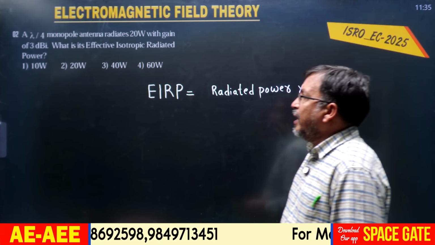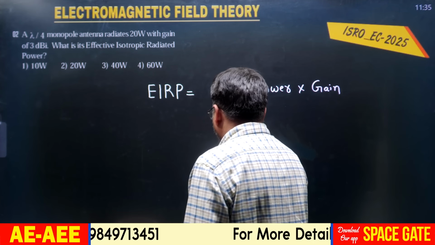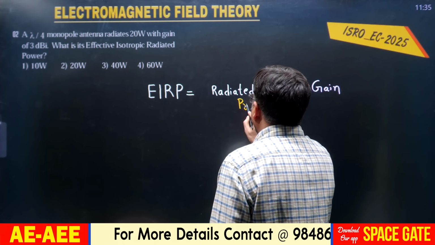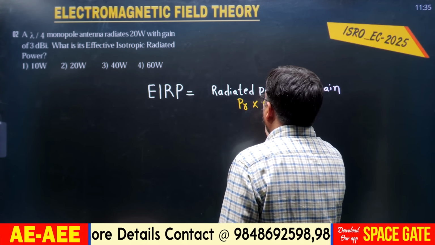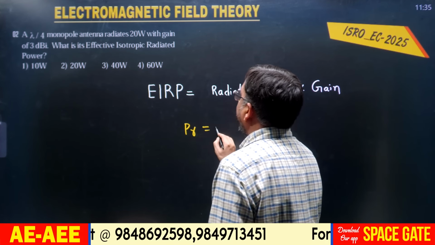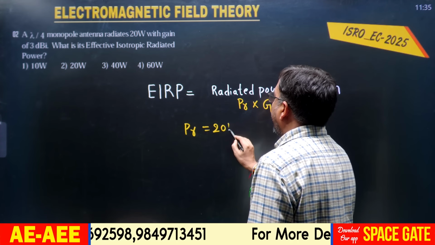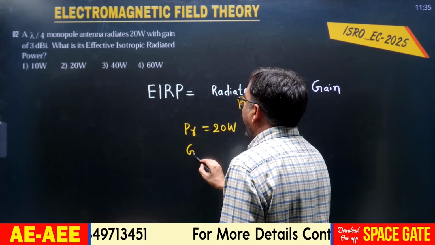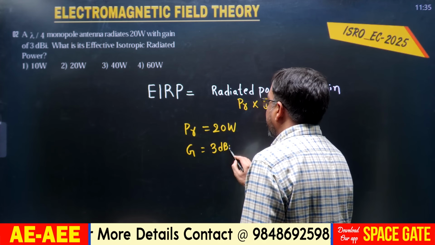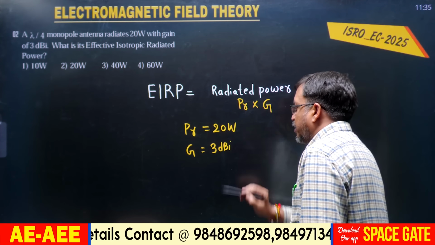In our question, the radiated power is given, I am writing PR, and gain I am writing G. Here the radiated power is given as 20 watts, and gain is given as 3 dBi, with respect to isotropic.